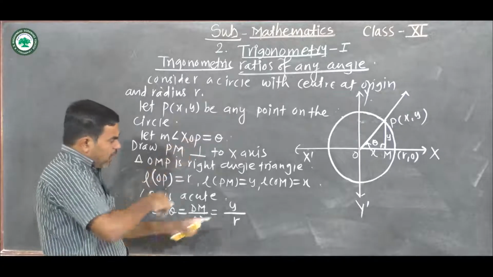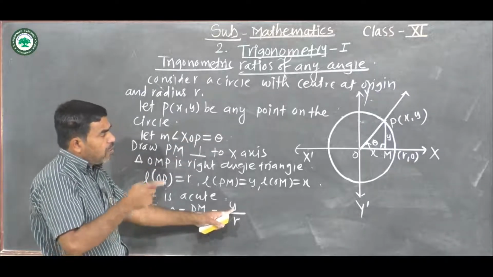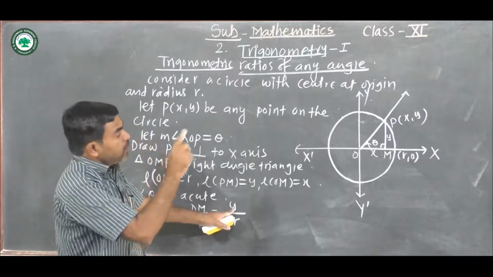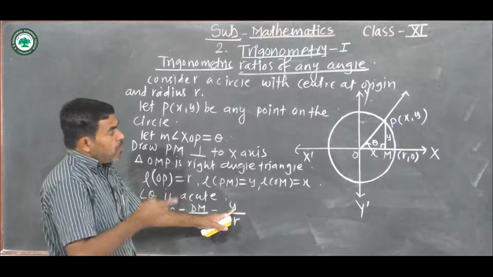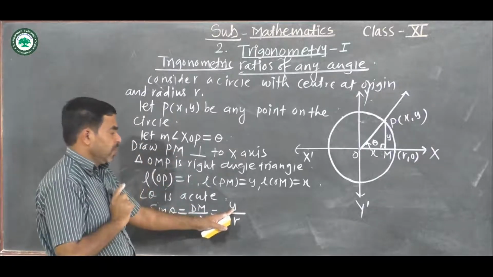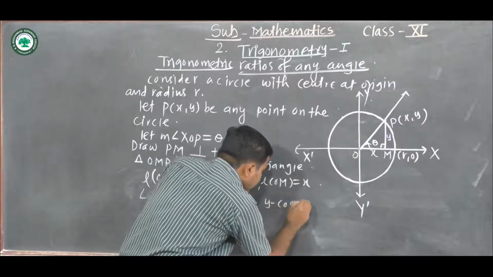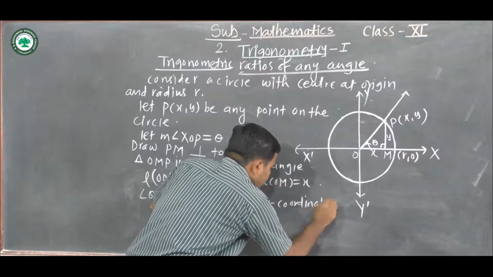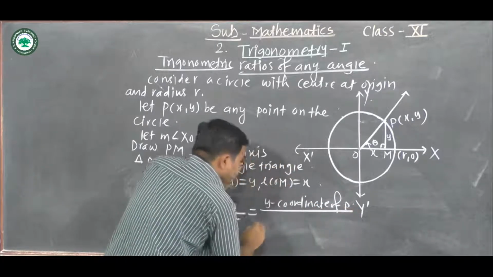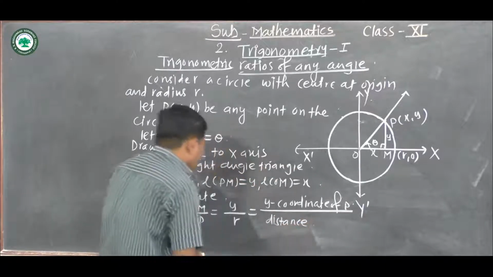Now here, what is y? This y is the y coordinate of point P. Now point P lies on the terminal arm of the angle theta. So it is equal to y coordinate of P divided by distance. What is r?